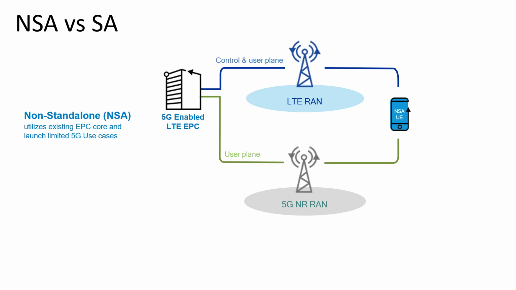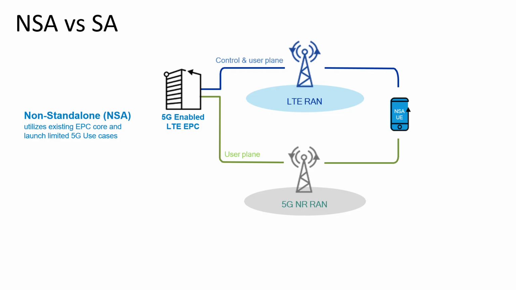There is no change in the core network, and no change on the connectivity side, whether it is the backbone network or MPLS. The only new component added is the 5G radio, which we call the new radio, 5G NR. The rest of the network remains the same.